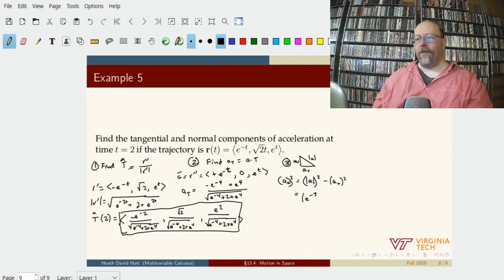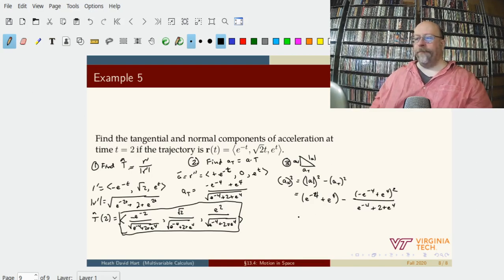This is going to be e to the negative 2t, which is, again, where t equals 2. So e to the negative 4 plus e to the positive 4. Minus a_T squared, that's going to be negative e to the negative 4 plus e to the 4 divided by this thing squared, which will be e to the negative 4 plus 2 plus e to the 4.